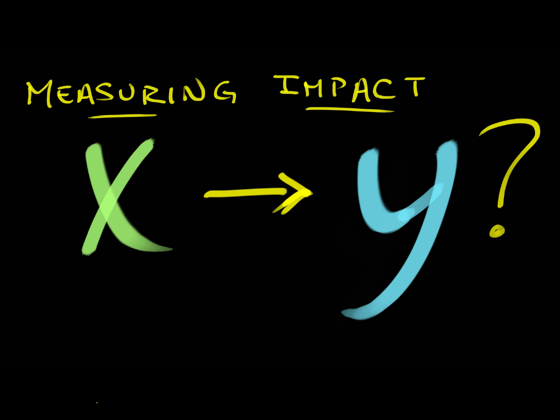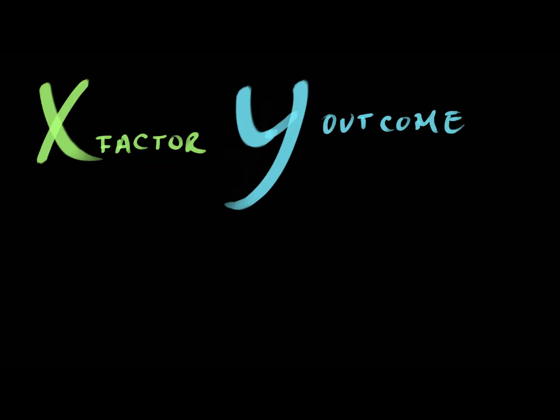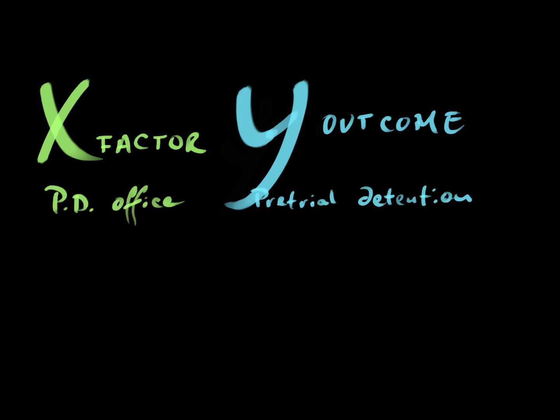There are some explanatory variables, and we believe that they are impacting an outcome y. So in these examples, every example that I gave you, there's an x factor and a y outcome. Like the x factor, having a public defender office.